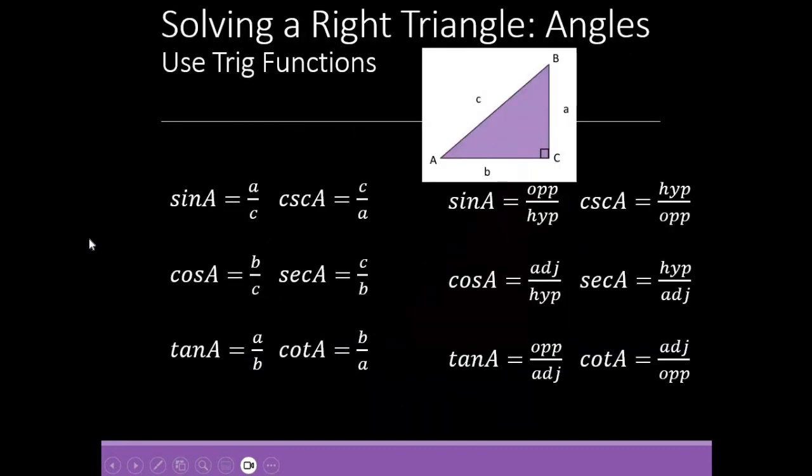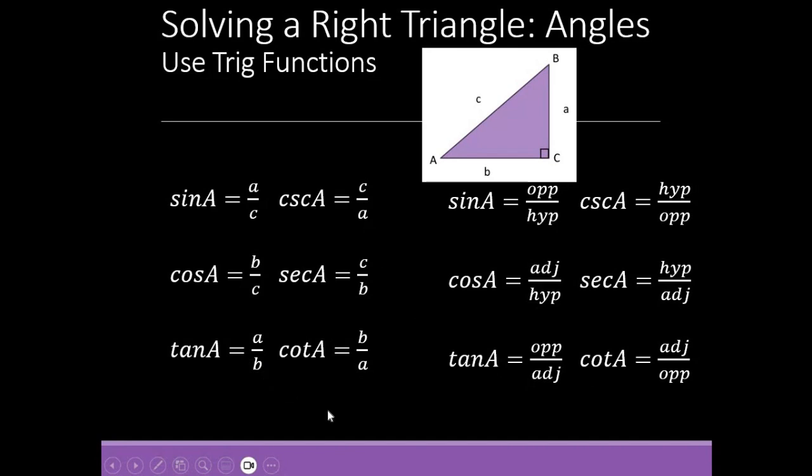Okay, so here we go. This is what you need to know. You need to write this in your notes because you're going to use these over and over and over for your homework. You can write them this way on the left or this way on the right, or you can write both. They are the same pieces of information, just written different ways.